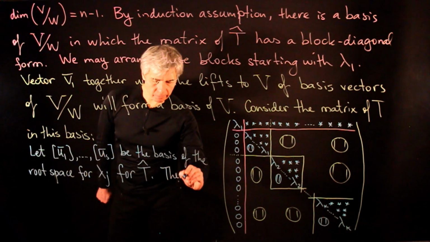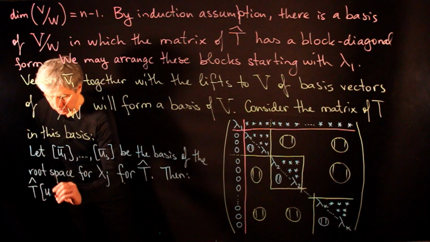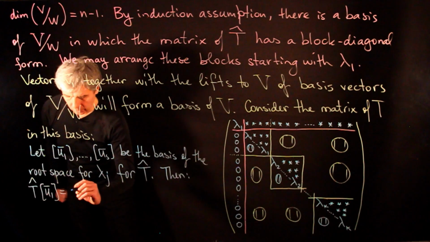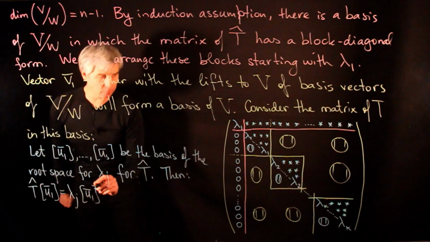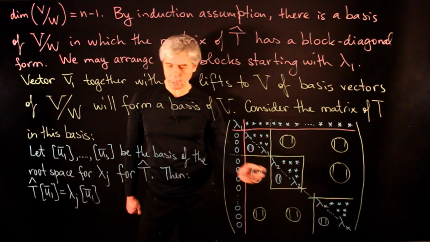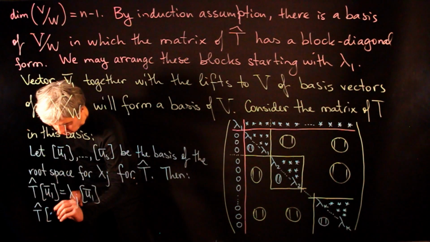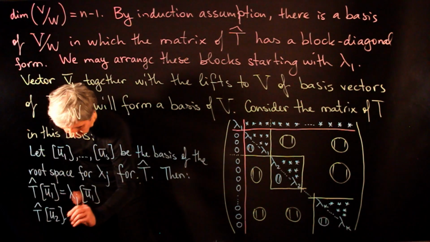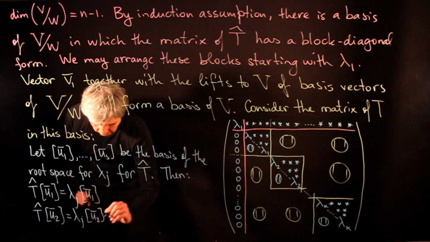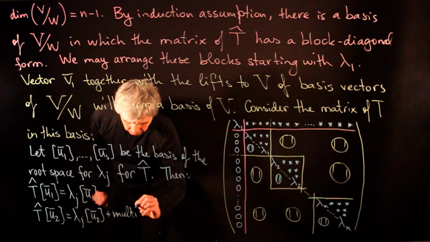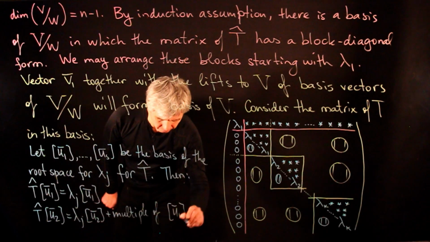Then we have the following: T hat applied to the first basis vector is going to be lambda j times this vector, because the first vector in each block is an eigenvector. When we apply T hat to the second vector, then we get lambda j times the second vector plus a multiple of the first vector.